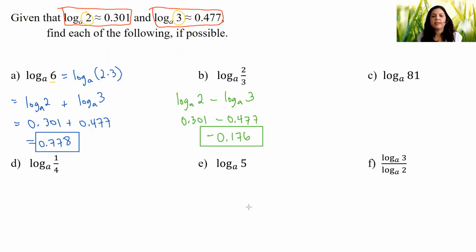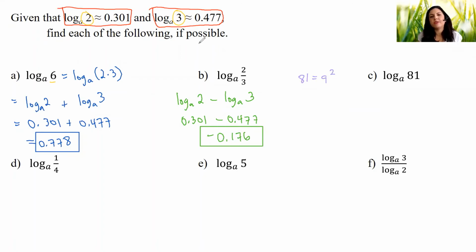Now with letter C, it might not be as obvious. We have to think about, can we write this number 81 in terms of 2s and 3s? Because that's all we're given. So maybe when you think of the number 81, you think of the fact that it's 9 squared. Let me write this off to the side.